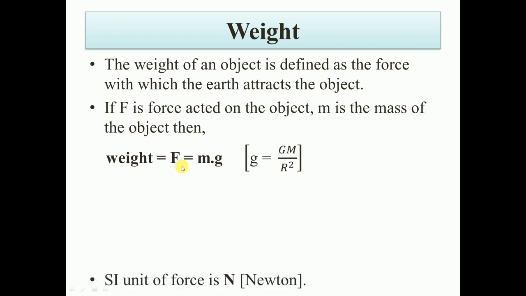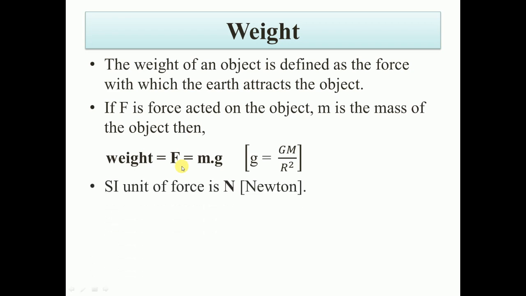Weight is measured in newtons. So 40 into 10 gives you 400 newtons, and 400 newtons is the weight of your body on the earth.